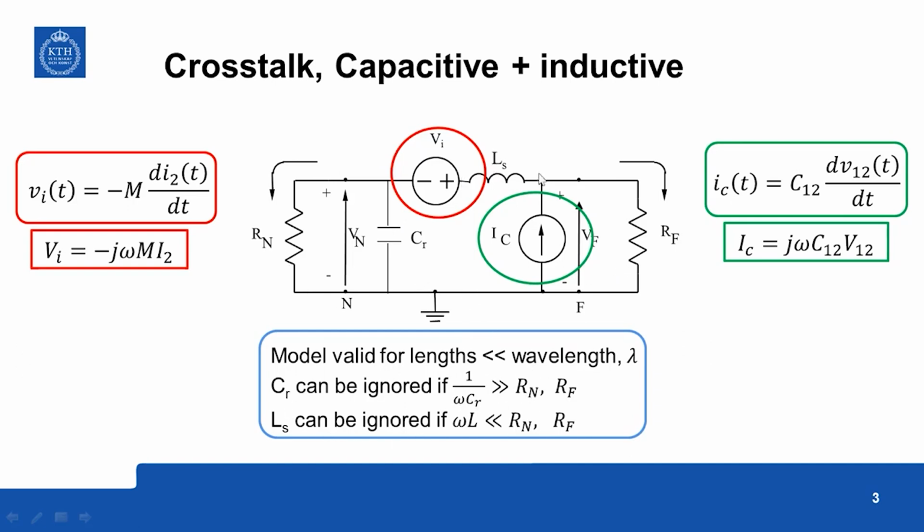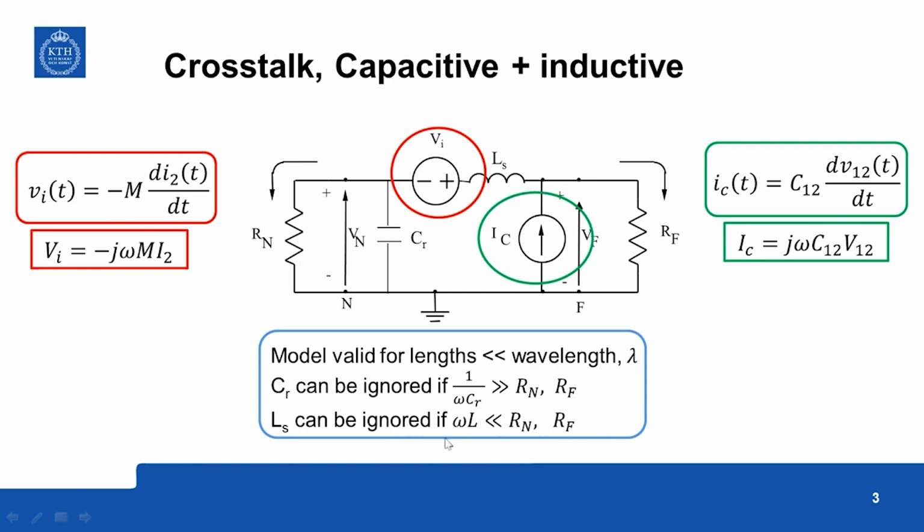Similarly, the series inductive impedance LS can be neglected only if this is far less than the impedance at the near end and the far end. So at very high frequencies, sometimes these conditions may not be true.